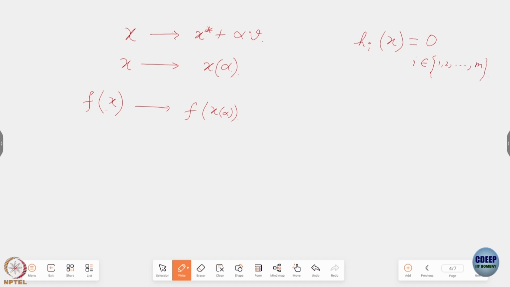By playing around with this parameter alpha, I am saying that I am not going to let you travel in any arbitrary direction, but only those directions along which you will preserve these equality constraints, so that you remain within the set D, because now your set D is characterized entirely by these equality constraints.